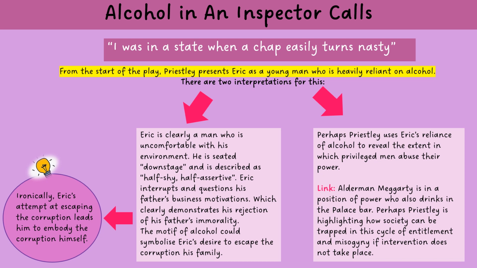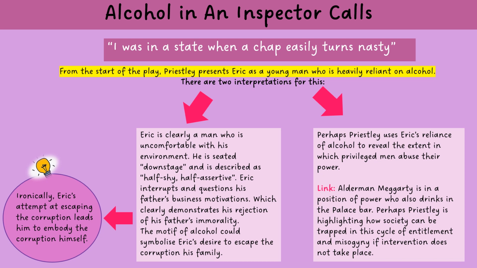So perhaps the motif of alcohol is symbolising Eric's desire to escape this corruption, to almost escape reality, because he's struggling so much because he does not fit in with his family. However, we can't then ignore how ironic this is, because Eric is attempting to escape the corruption, but that therefore leads him to embody the corruption himself by abusing Eva.